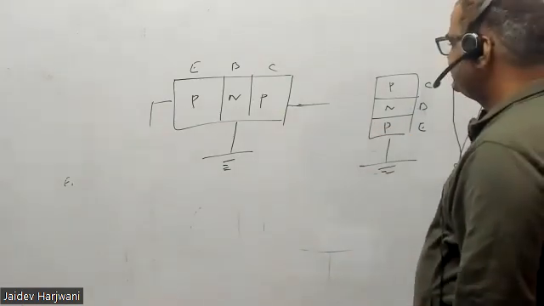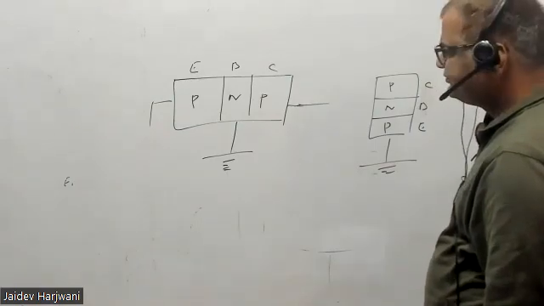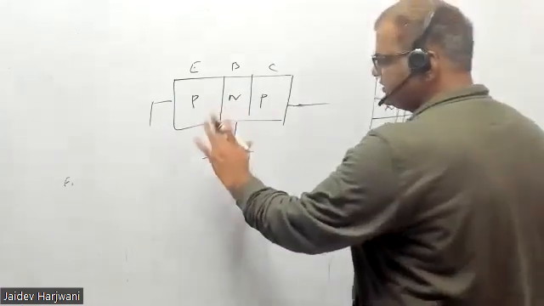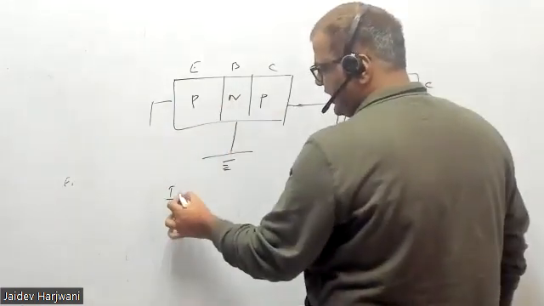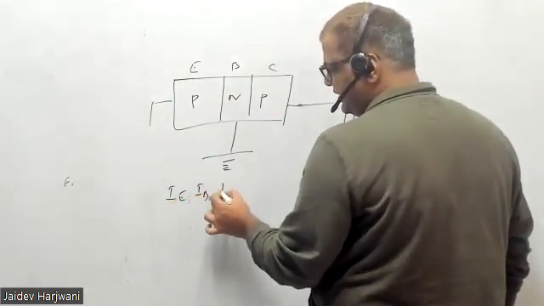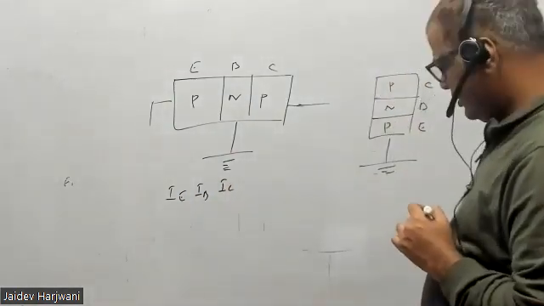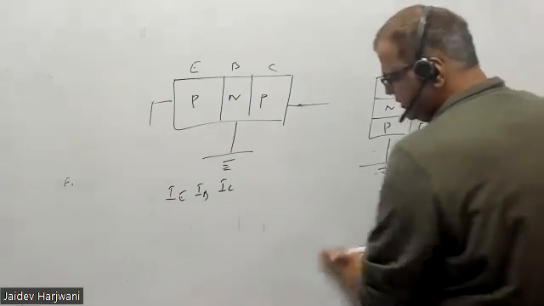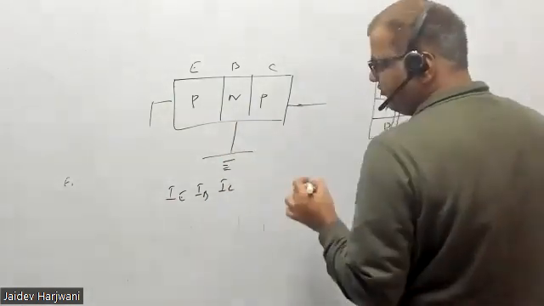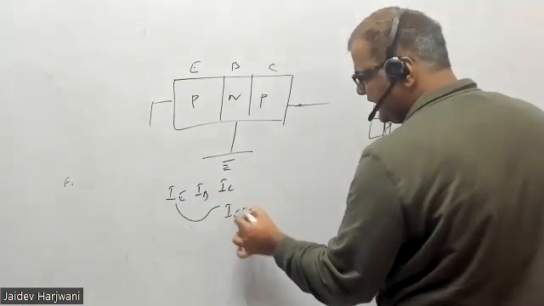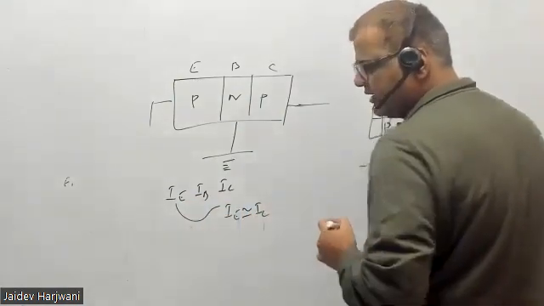Amplifier means there are three currents in the transistor: IE, IB, and IC. In common base configuration, IE is almost equal to IC because IB is negligible.